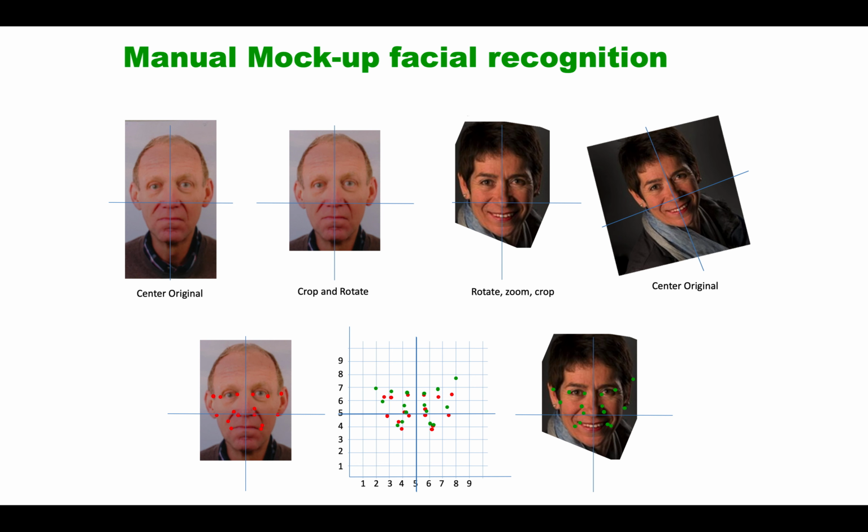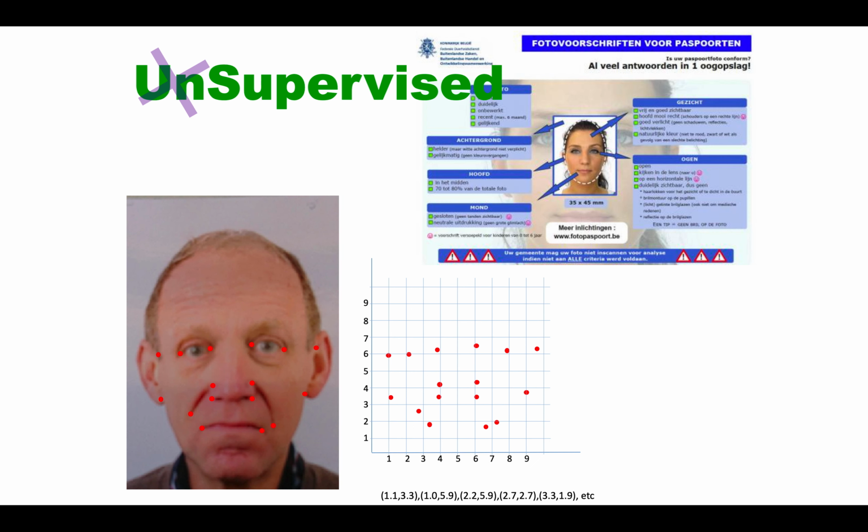But it also begs the other question: why do I sometimes, when I go for a passport picture, have to deal with so many rules around the way I should be looking into the lens? Well, that has to do with the desire to make an unsupervised problem into a supervised problem.